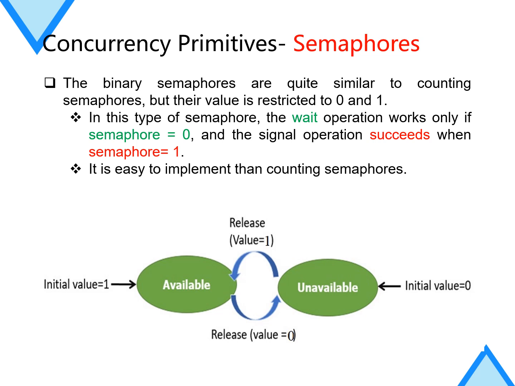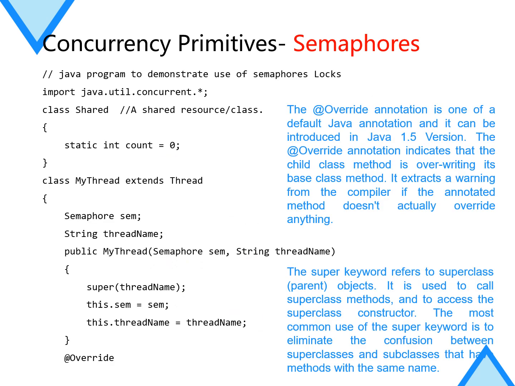If they acquire, it will change the state and the state will become unavailable. So it has two states. If the value is 0, it will be unavailable. If it becomes 1, it will be available.